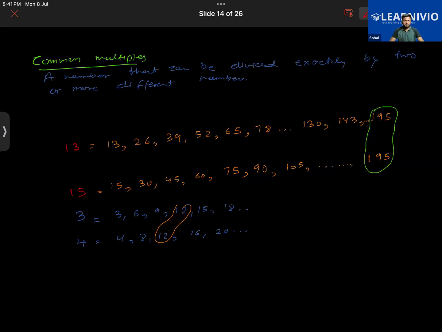Getting it? Yes. In this example, the number 195 is divisible by 13 and it is divisible by 15 also. We can check that also. Okay. Habib and Sumaya, both of you, divide the number 195 by 30.